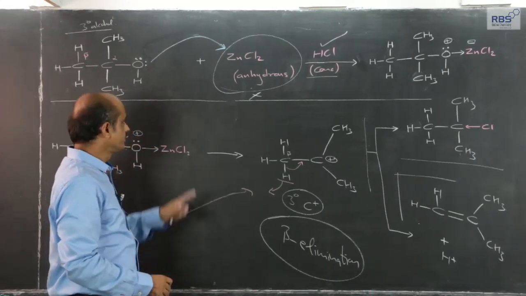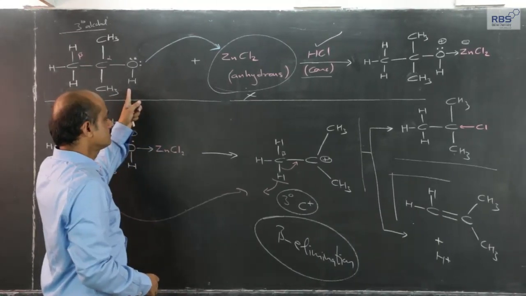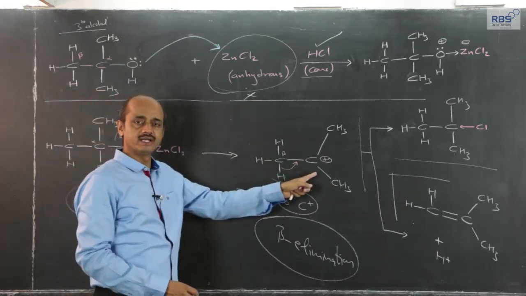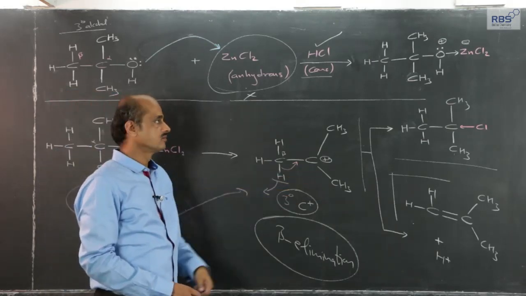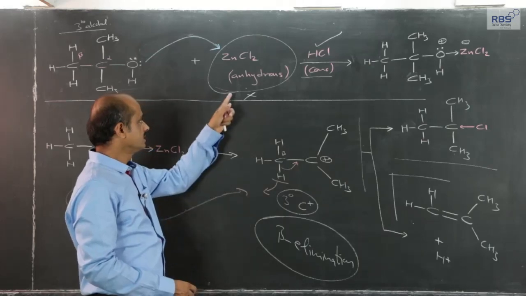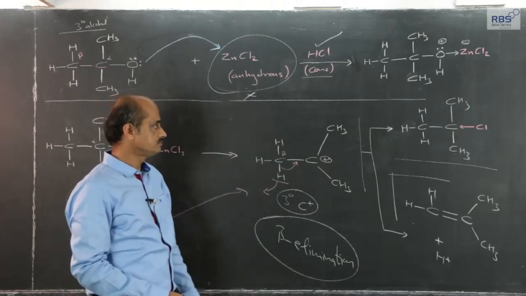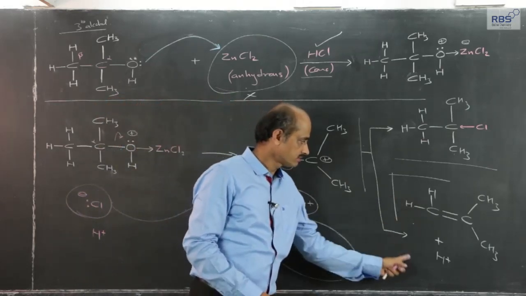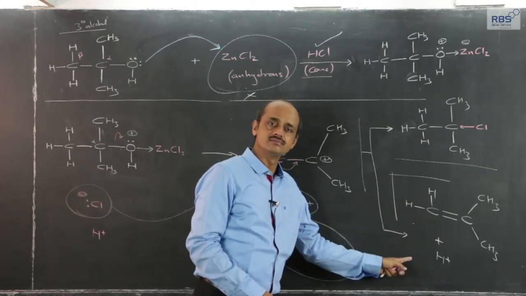Still the reaction will take place, because the reaction passes through the tertiary carbonium ion, which is more stable, and in the absence of anhydrous ZnCl2, this formation of alkene is avoided.